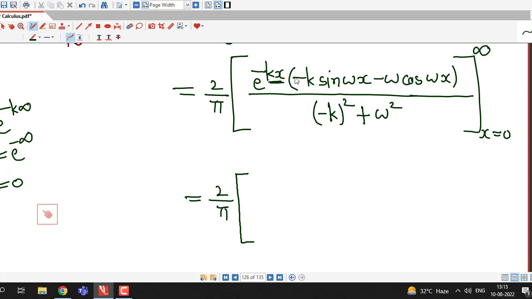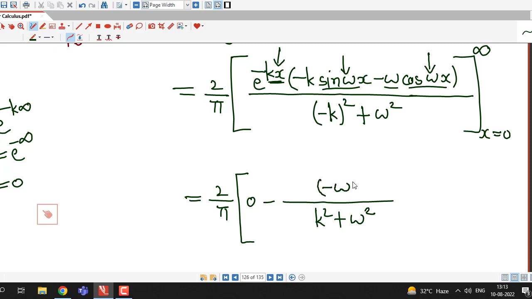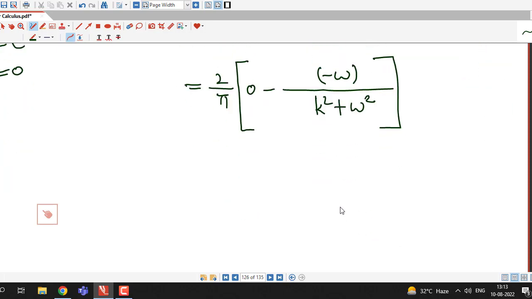So this is 0 for x tending to infinity. For x equal to 0, first we write the denominator, which is k square plus omega square. For x equal to 0, e raised to 0 is 1, sine 0 is 0, minus omega into cos 0, and cos 0 is 1, so we are left with minus omega. We can rewrite this as negative negative positive: 2 by pi omega divided by k square plus omega square.